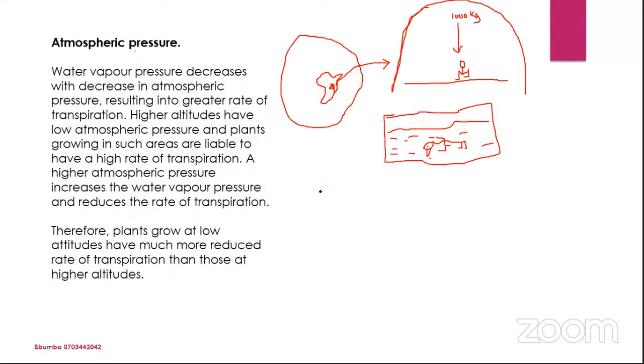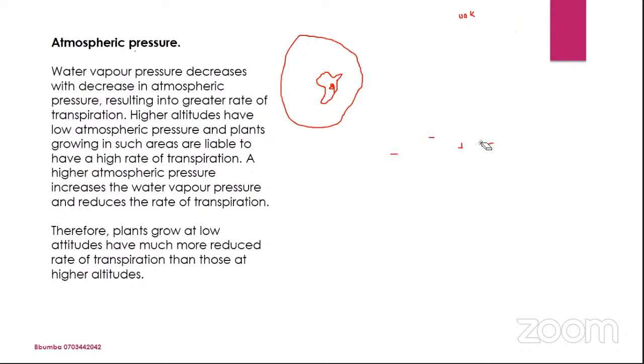So if there is someone on a mountain, because air is seated on us, the lower you are on the part of the earth, the more pressure is on you.